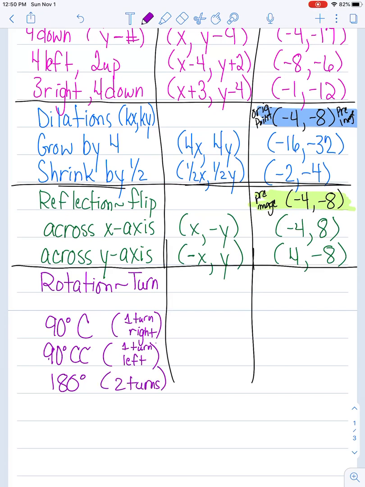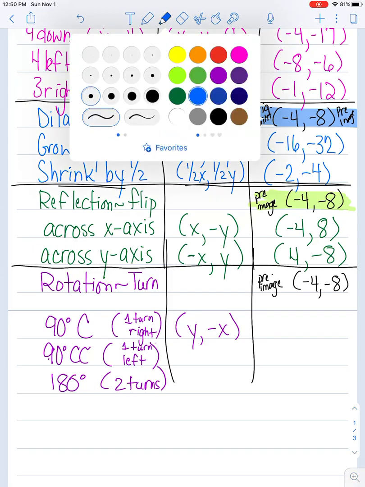And again, these rules never change. You don't have to worry about putting numbers into the rules. They are what they are. So let's look at 90 degrees clockwise. Your rule for that is y, comma, -x. And what that means is you switch the x and y, and then you change the sign of the new second number. So again, we're going to take a look using that same point, -4, -8.